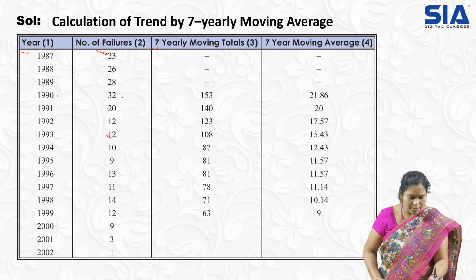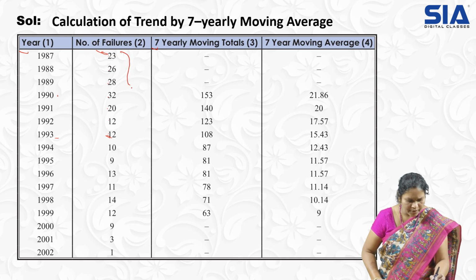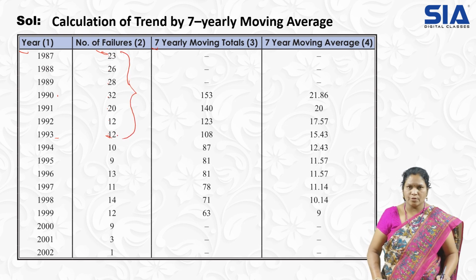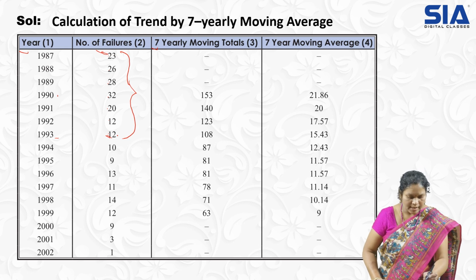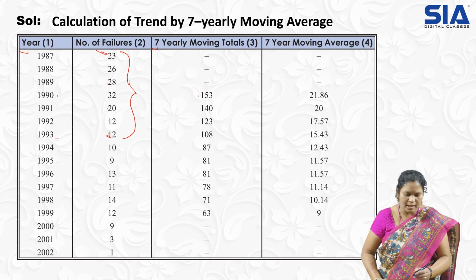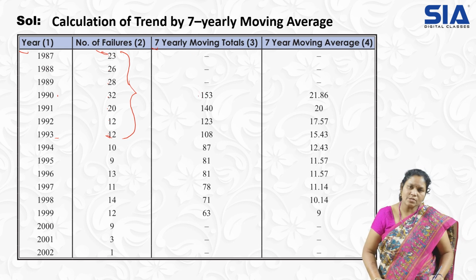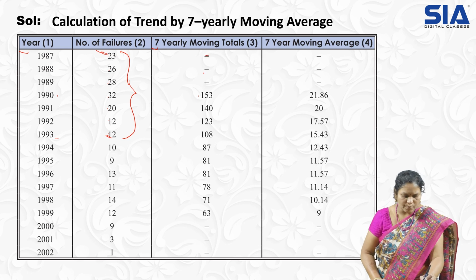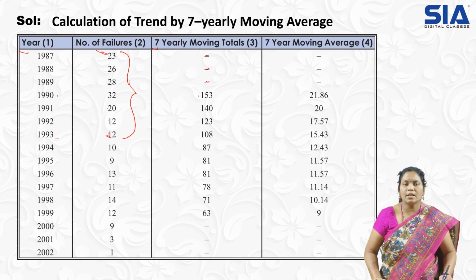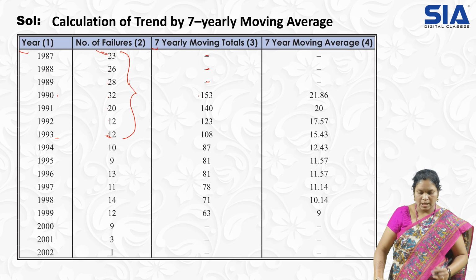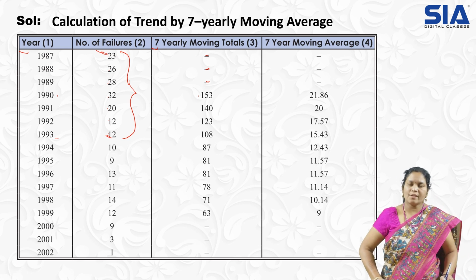So exactly up to that 1990 you have to add up. It is for our convenience, so that we don't get confused how we are going to add it up. So exactly in the middle I am writing. Now first 3 are missing, right? So simply keep a dash over there, so that it will be clear for us to do further columns. So I have to add up the first 7 values.